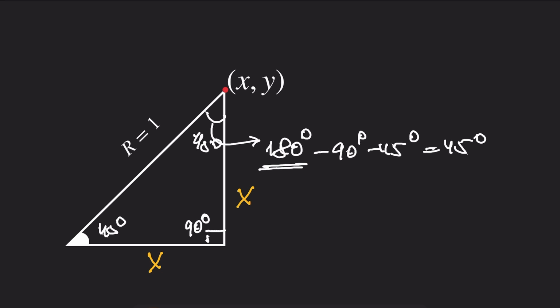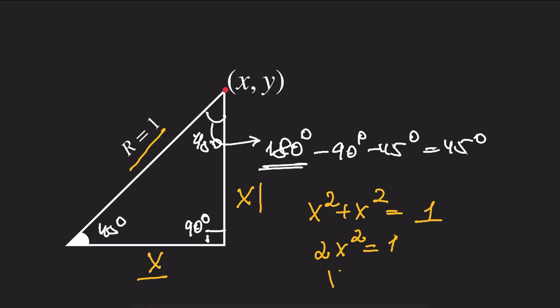The Pythagoras theorem tells me that x squared plus x squared, the square of this side plus the square of this side, is going to be equal to the square of this side, which is equal to 1. So on the left, what I have here is 2x squared equal to 1. From here, I can find that x squared is equal to 1 over 2. So that's why x is going to be equal to 1 over square root of 2.